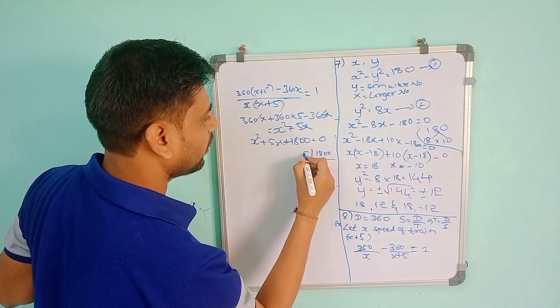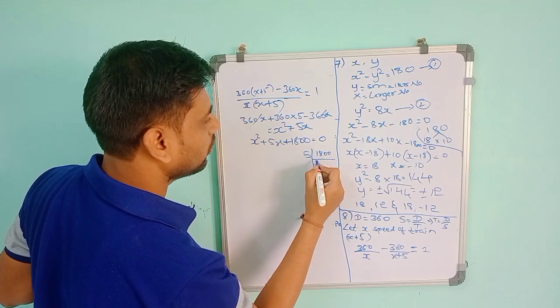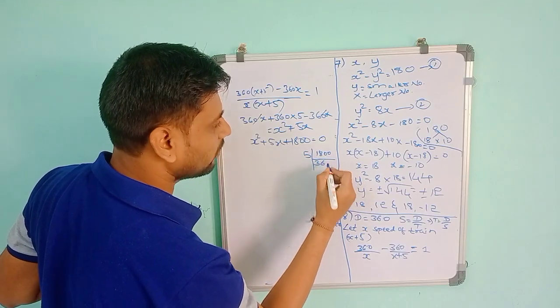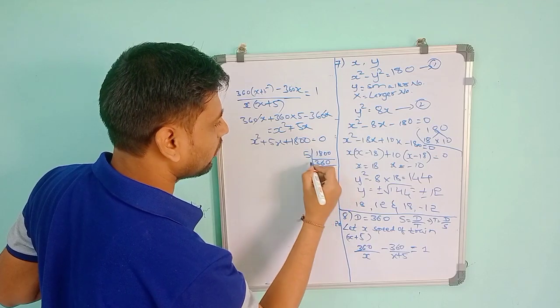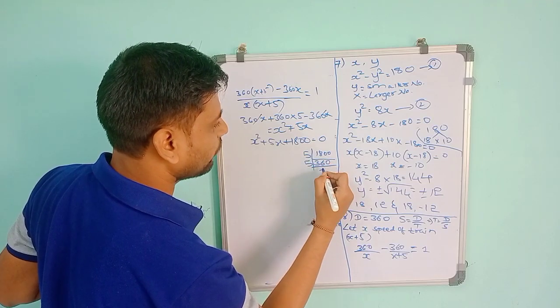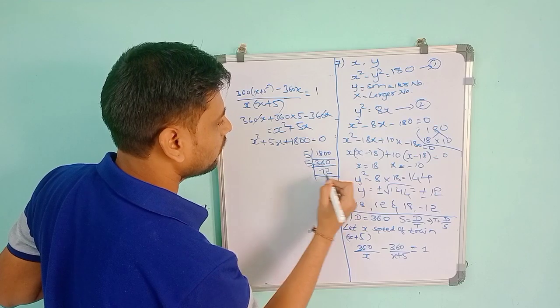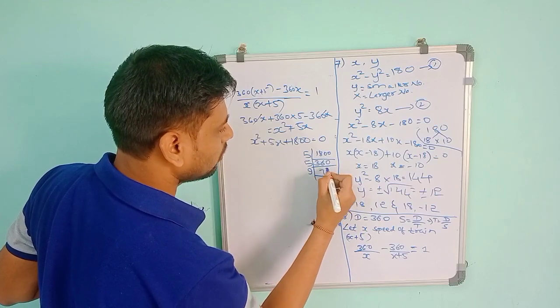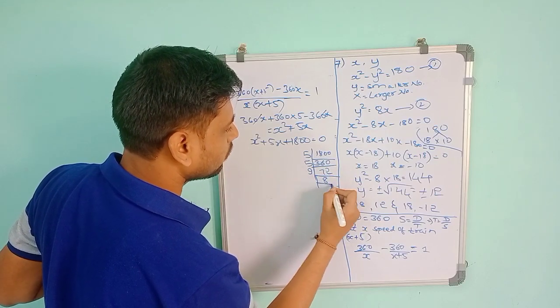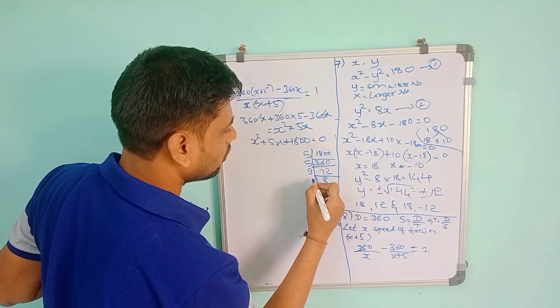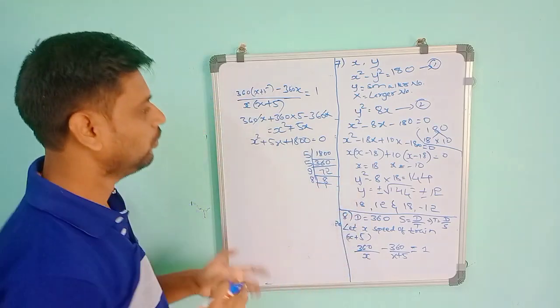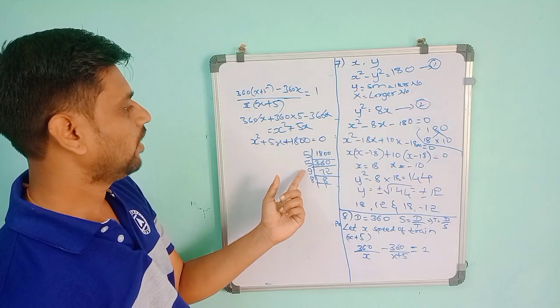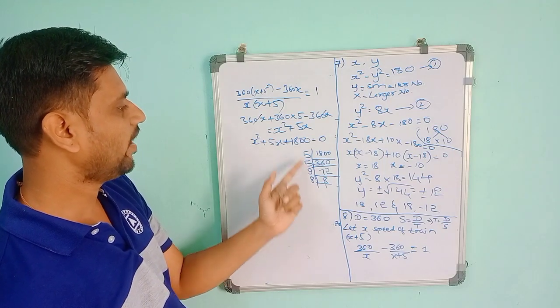So take 5, 5 threes are 15, 30 means 6, then 0. Then again you take 5, 5 sevens are 35. Then you take 9, 9 eights are 72. Then 8, 1. So if you split this one, 9 fives are 45 and 5 into 8 is 40.